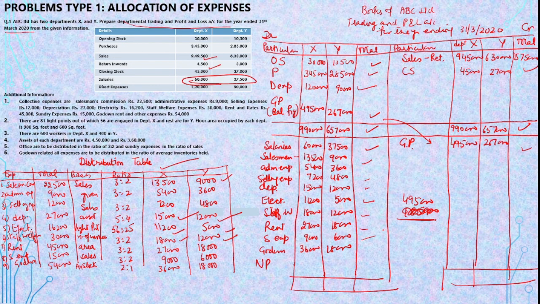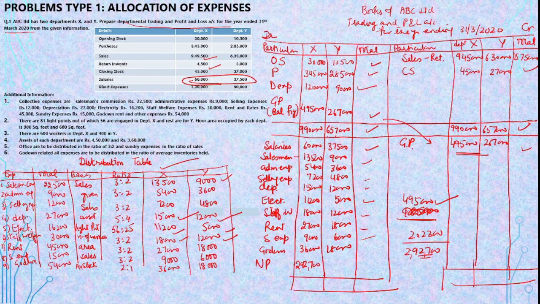Now you all know how to calculate net profit. So just total the two sides. The total of the debit side is coming out to be 2 lakh 2,300 and credit total is, we know, 4,95,000. So the difference of the two will be 2,92,700. So your net profit of department X is 2,92,700.